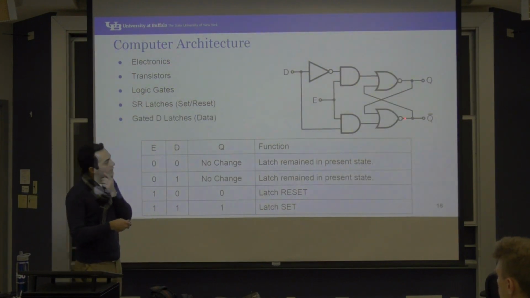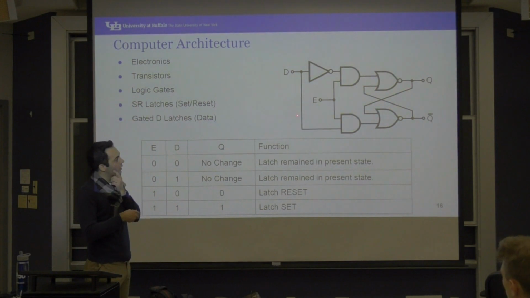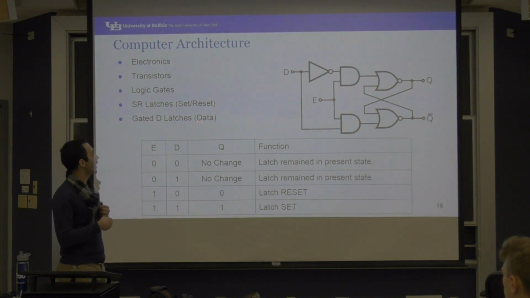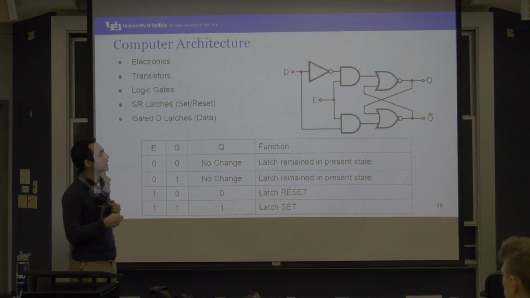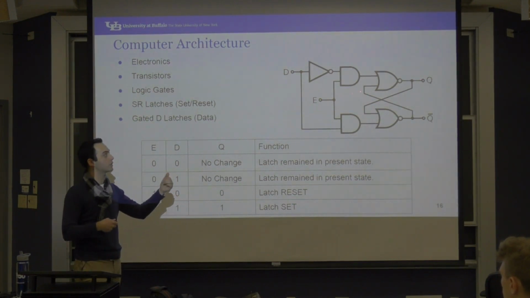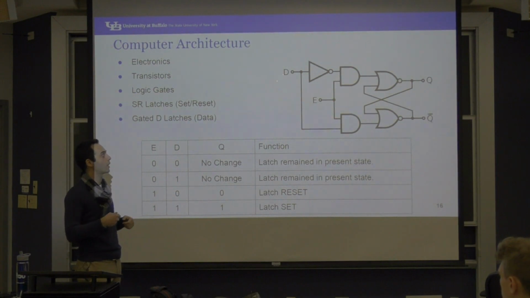So you take the same latch over there, you put these behind them, and then now you have a gated D latch. And it's the data that you basically want to store, and you have a gate, meaning if you open it, the data flows in, and then will be stored in this, and then if you close the gate, no matter what you do with this, it's not going to change, right?